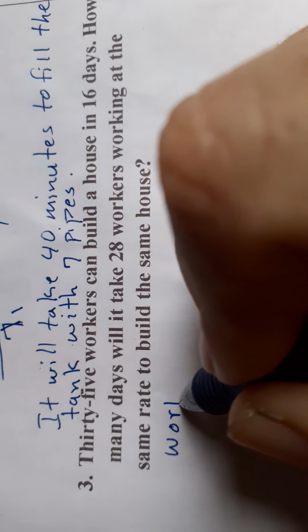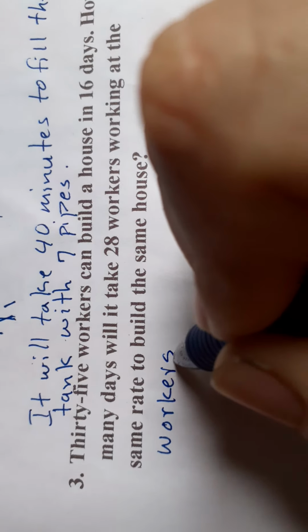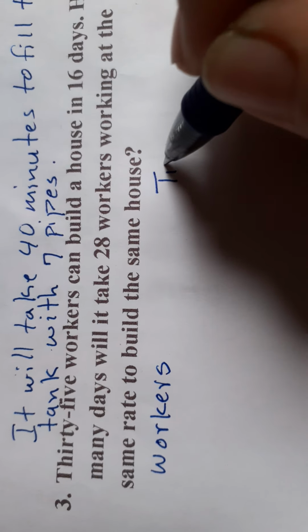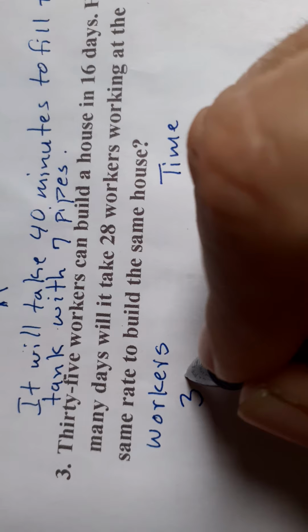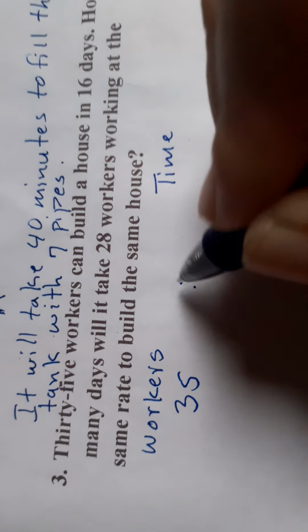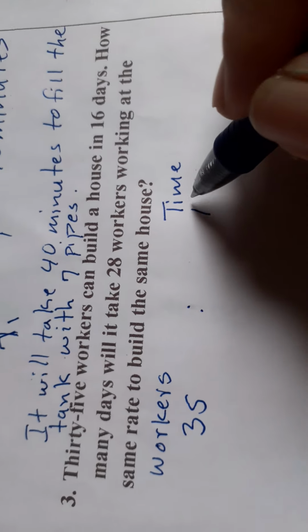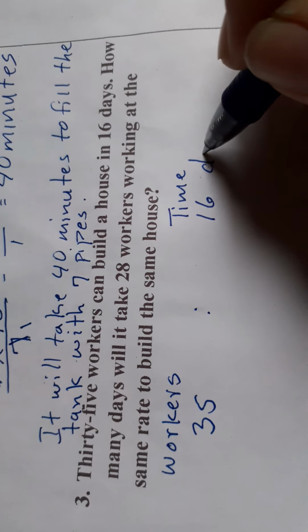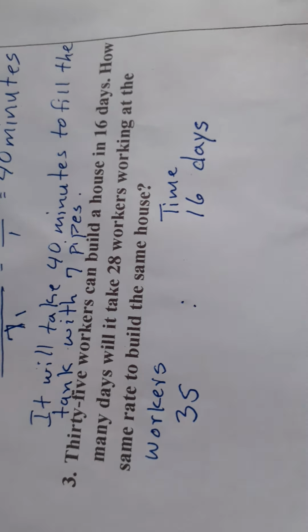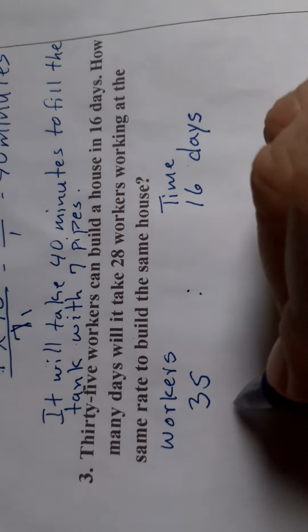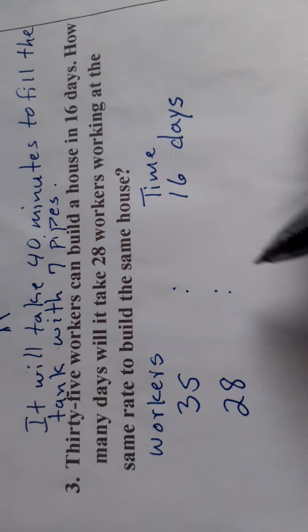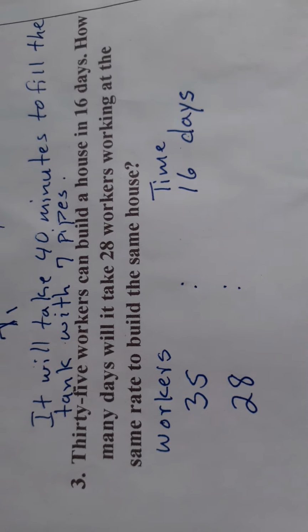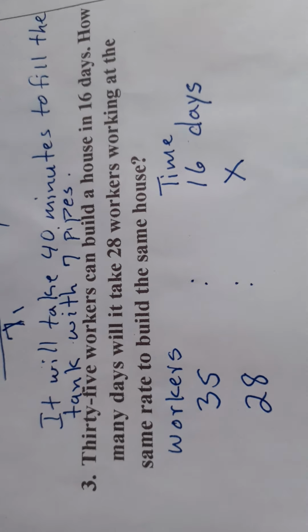So I label my ratios, workers and time. How many workers? 35 workers can build a house in 16 days. The time is days, right? Now it says, how long will it take 28 workers to build the same house working at the same rate? So we need to find that.